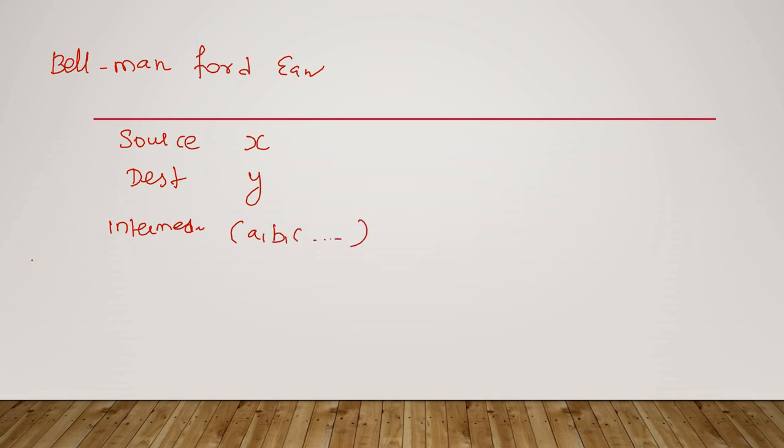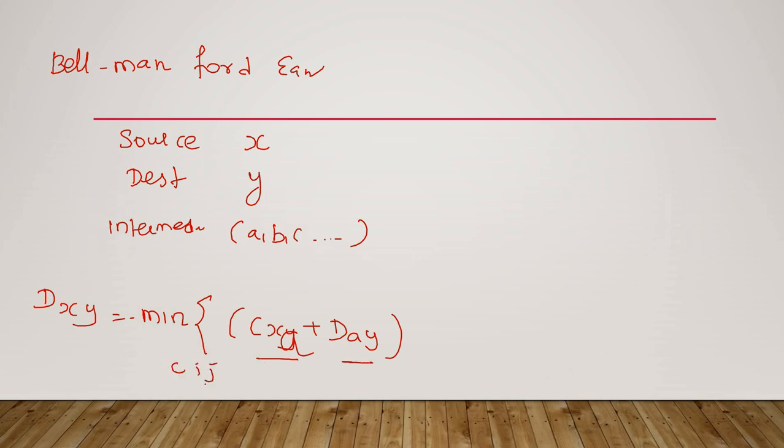In the general case, the Bellman-Ford equation says the distance between x and y is calculated based on the minimum of cxy, cxa plus dya.